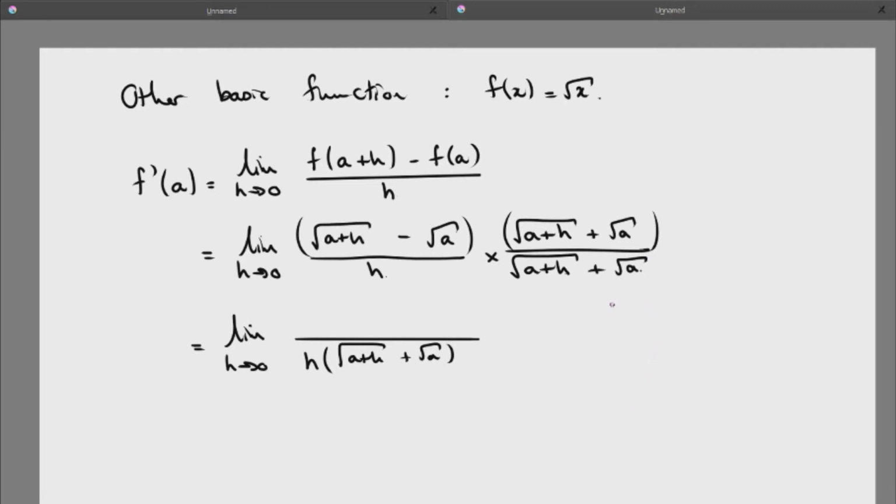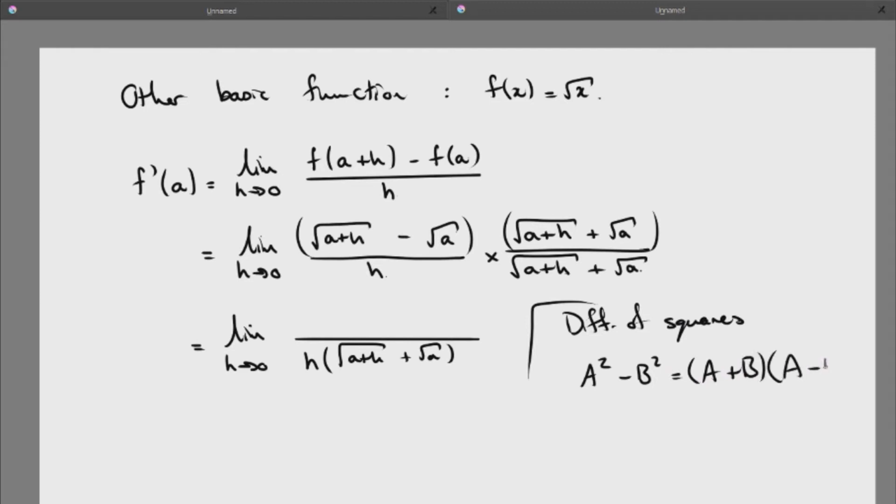So if I remember the difference of two squares, now we usually write a squared minus b squared. These a's aren't the same. Maybe I'll make them big A and B, so you don't get confused between the little a's. It's A plus B times A minus B. And I have two brackets that look exactly like this.